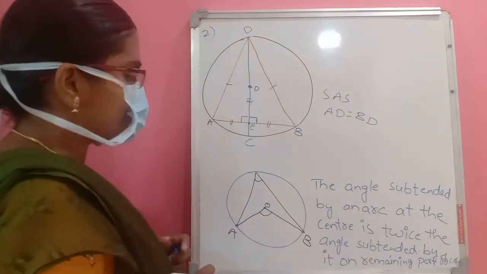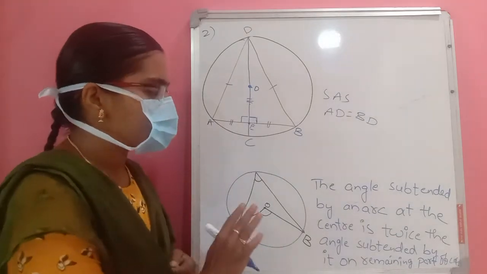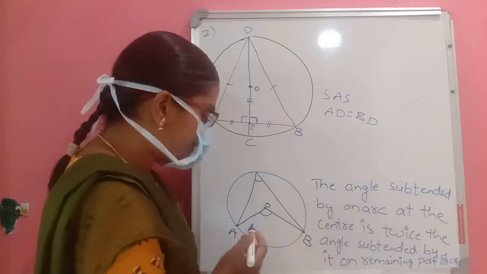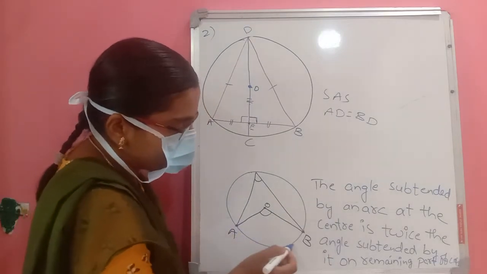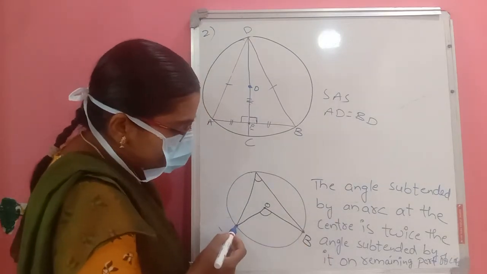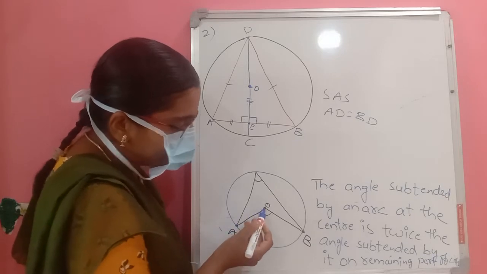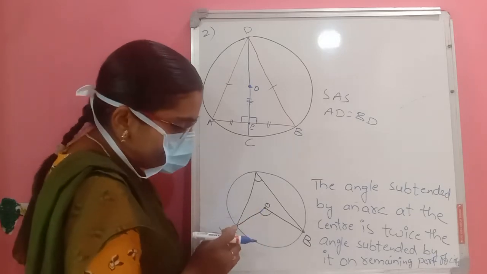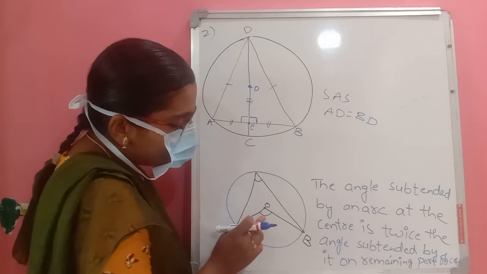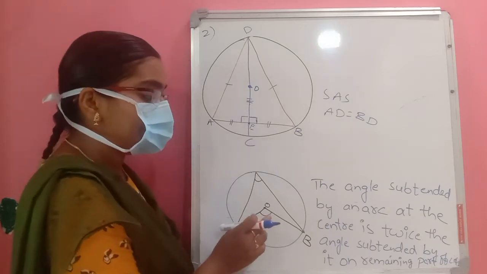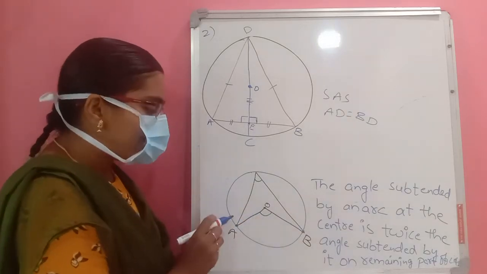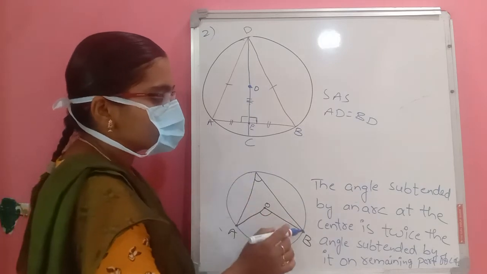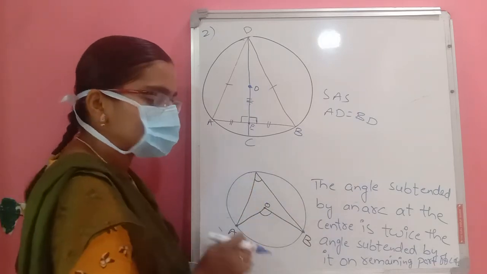Okay. Next, this is a circle. This is not a problem. The angle subtended by an arc, AB is the arc. The angle subtended by an arc at the center of the circle is twice the angle subtended by the arc on the remaining part of the circle.